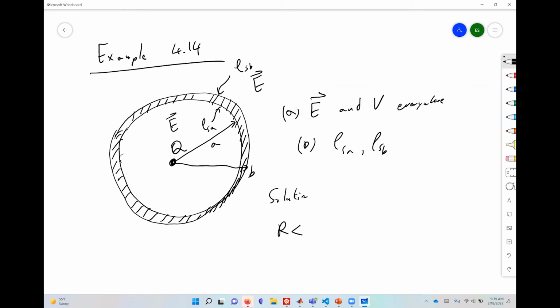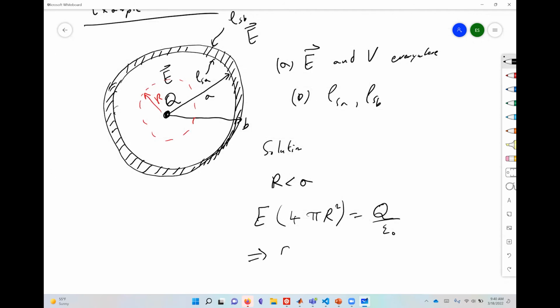For R less than A, this is easy. I have a Gaussian surface here, radius R, right? So I know that E times 4 pi R squared, E times the surface of the Gaussian surface, equals the enclosed charge, which is Q in this case, over epsilon naught.